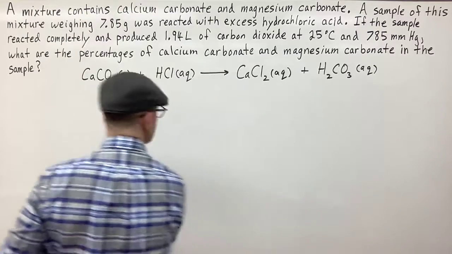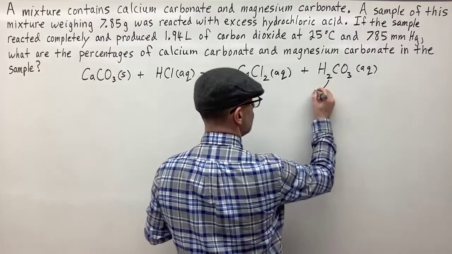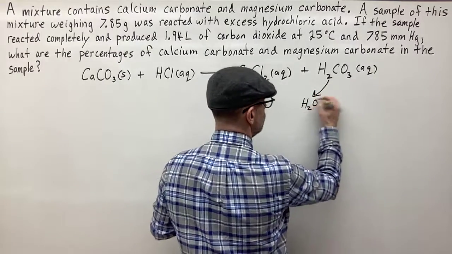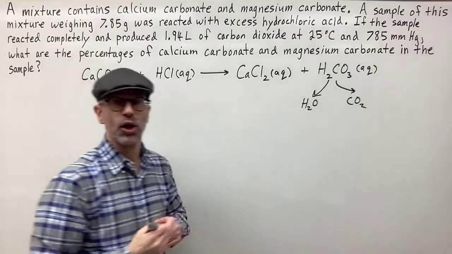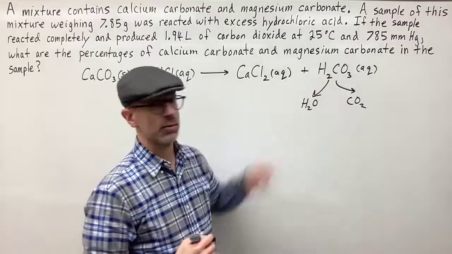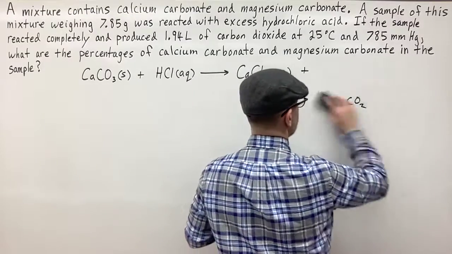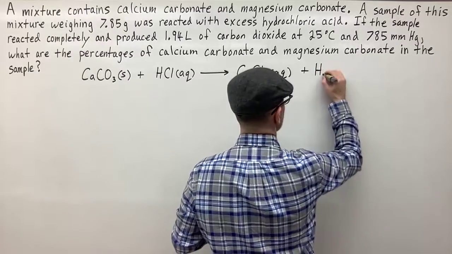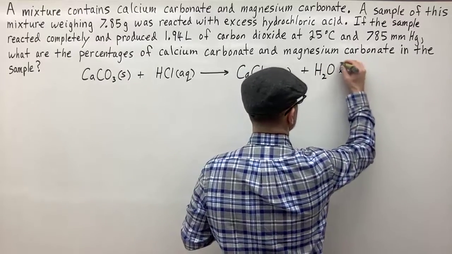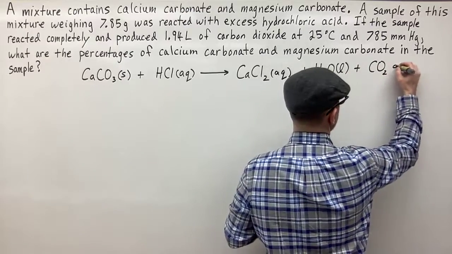So those two products come from the carbonic acid. We need to replace the carbonic acid with water and CO2: H2O liquid plus CO2 gas.